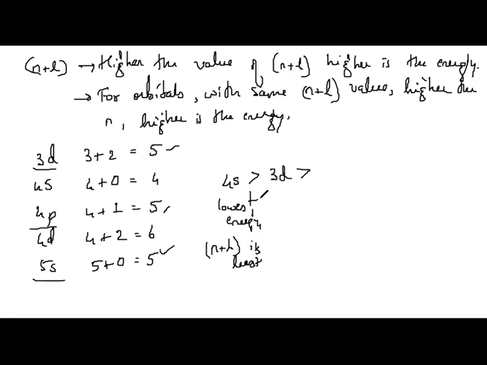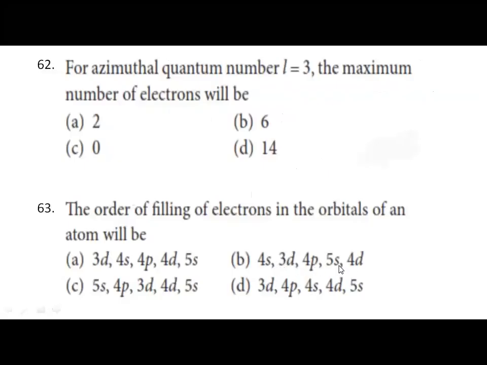Out of 4p and 5s, which has lower energy? It is 4p. Then comes 5s and last 4d. So 4s, 3d, 4p, 5s and 4d. So this is the correct order, and it comes under option B.